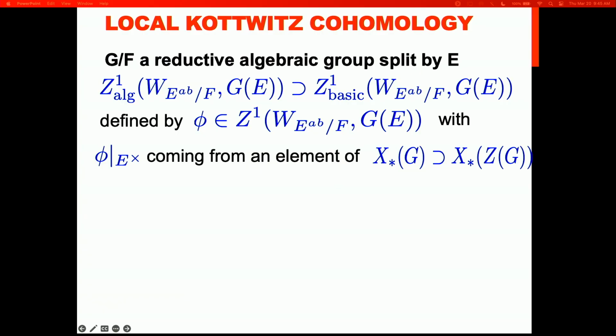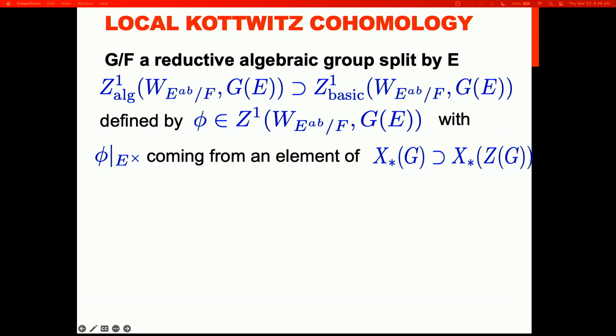Well, one advantage of Kottwitz thinking of things in these terms is that the definition at least extends to any algebraic group over F. In fact, there are two natural generalizations, what people call the algebraic cohomology and the basic cohomology. So again, I now take non-abelian cocycles of the Weil group of E ab over F, valued in the E points of G. And again, I'm going to require something about the restriction of them to the copy of E cross in the Weil group.